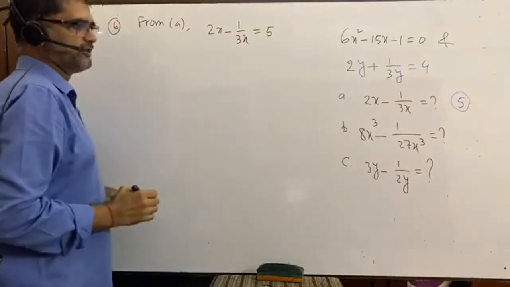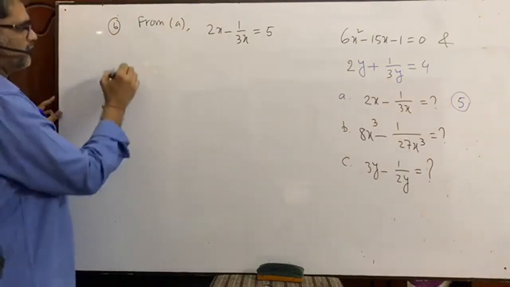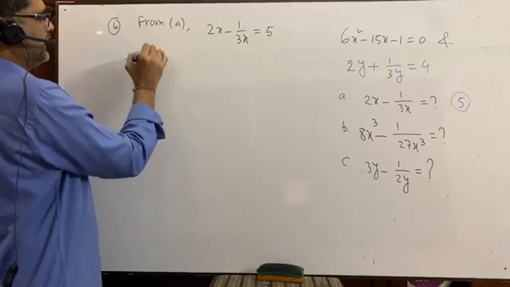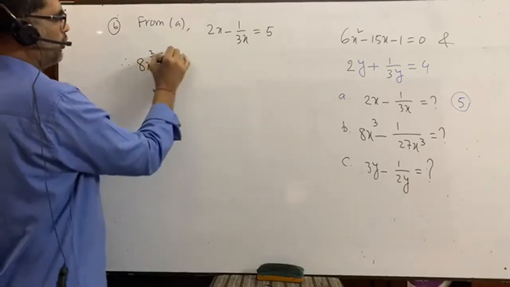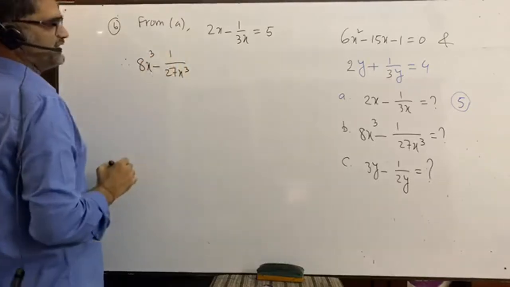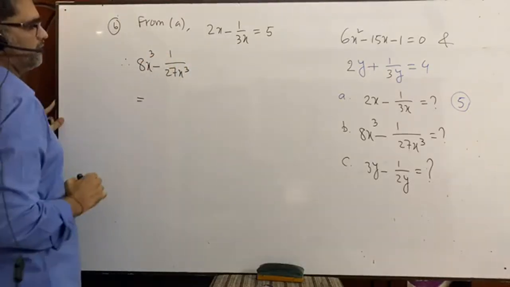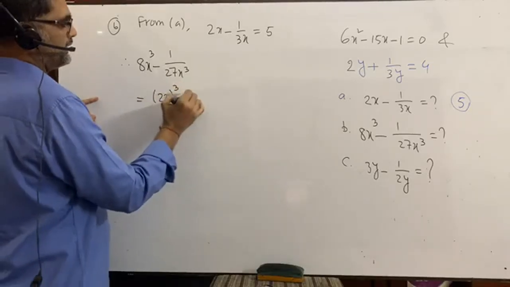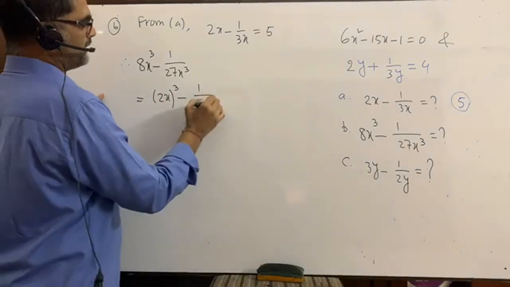You have to write this first. Now therefore the given expression, 8x cube minus 1 by 27x cube, its value is to be found. You write down 2x whole cube minus 1 by 3x whole cube.